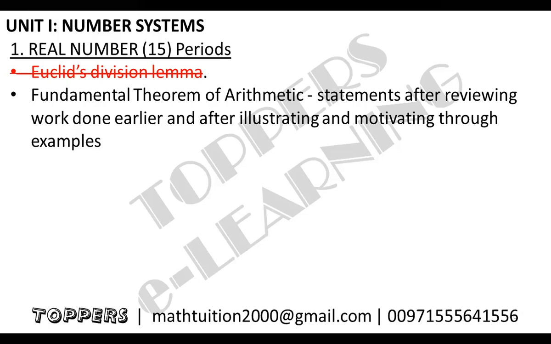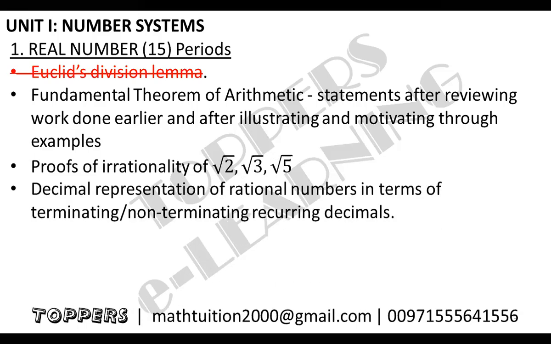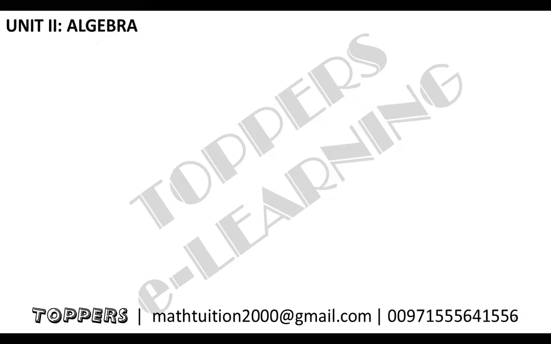Fundamental theorem of arithmetic, statements after reviewing work done earlier and after illustrating and motivating through examples. Proofs of irrationality of root 2, root 3, root 5. Decimal representation of rational numbers in terms of terminating and non-terminating recurring decimals. So Euclid's division lemma, that part is removed.